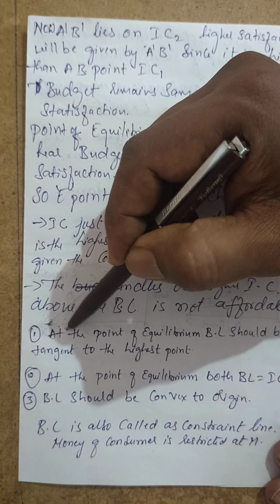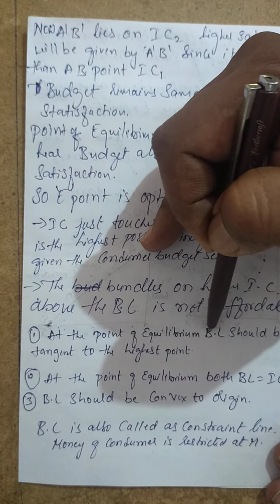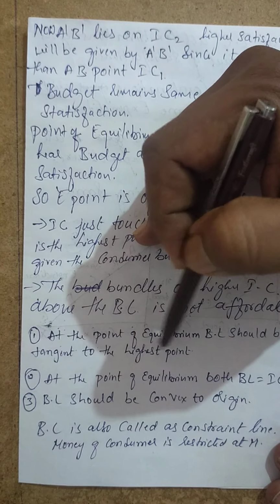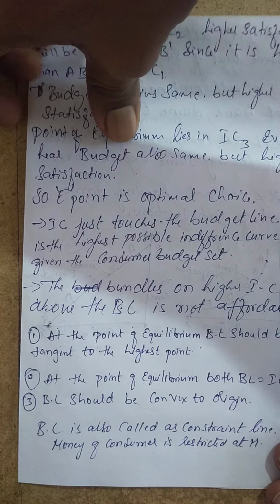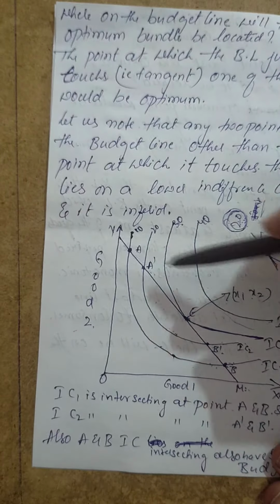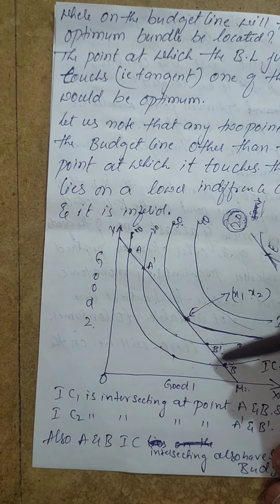Point number 1 is, at the point of equilibrium, the budget line should be tangent to the highest indifference curve. See here, this is the budget line. At the point of equilibrium, it is tangent. It is tangent here, for this first point. Second point, at the point of equilibrium, both BL and IC should be equal.